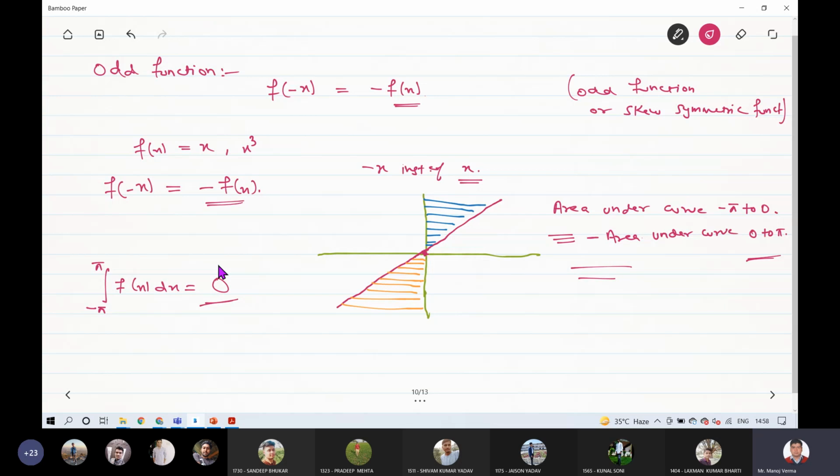The area under the curve from minus pi to 0 is equal to the negative of the area under the curve from 0 to pi. This was your minus pi, 0, and this was your pi. These areas are equal and opposite, so they cancel each other. So the total integration from minus pi to pi will be 0 for an odd function.